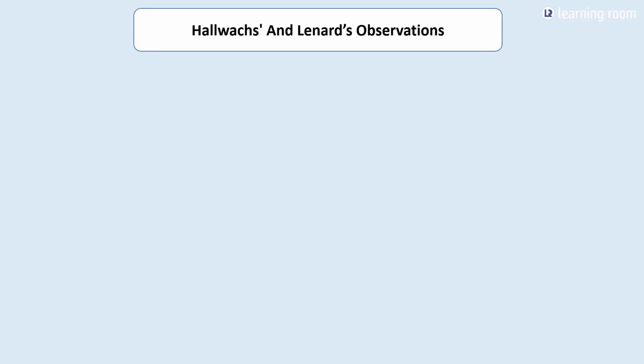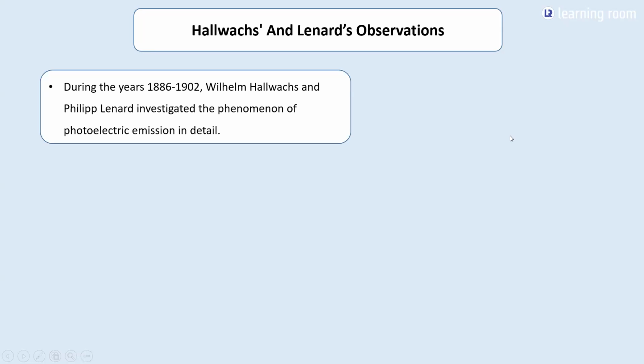That is what we are going to start with today: Hallwachs and Lenard's observation. They are the two scientists who worked on Hertz's observation. During the years 1886 to 1902, Wilhelm Hallwachs and Philipp Lenard investigated the phenomenon of photoelectric emission in detail.